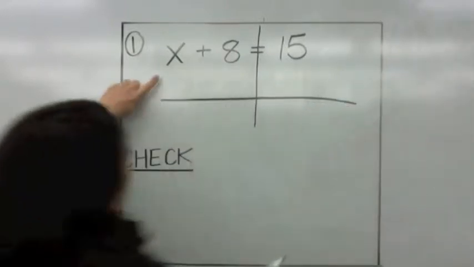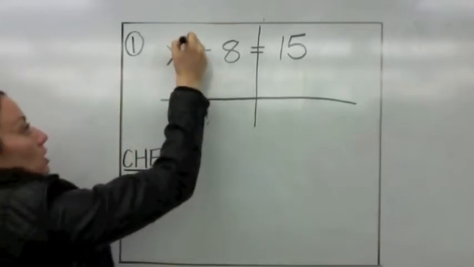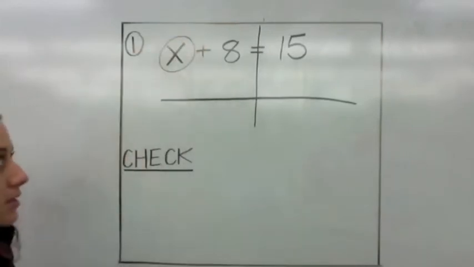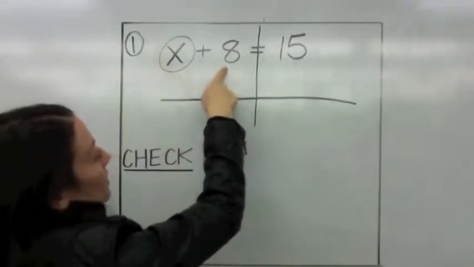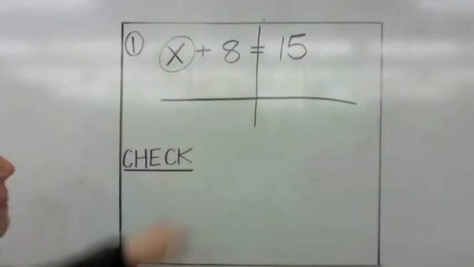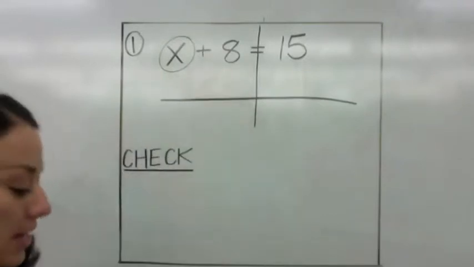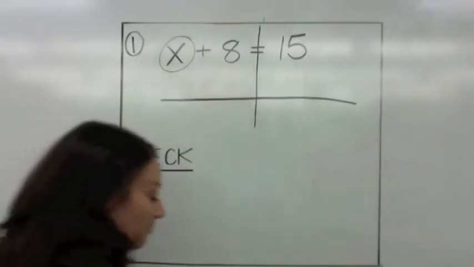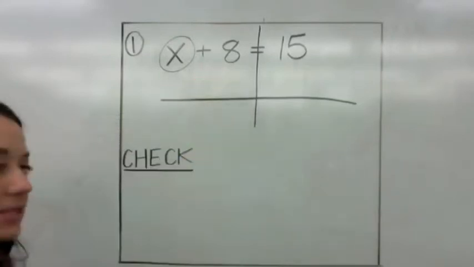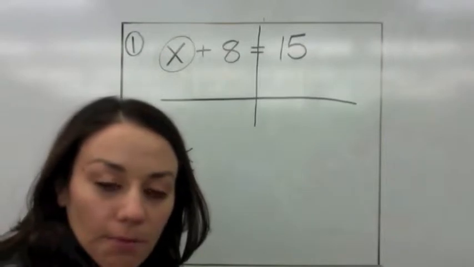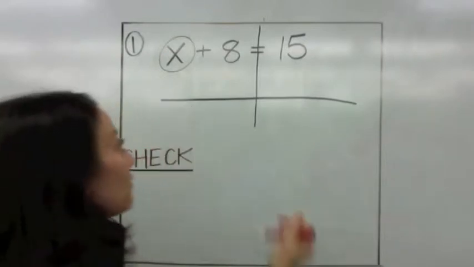So again, what are you trying to solve for? The letter x. So you circle the variable x, and then you look at the number that is next to x. This number is a positive 8, so you have to do the opposite of positive 8, which is negative 8.